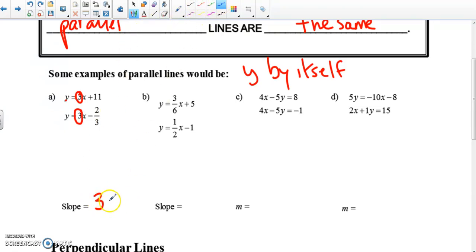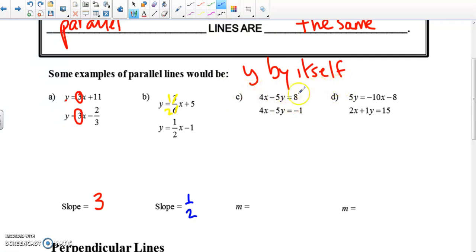Alright, notice it's not 3x. The slope is not 3x, it's just 3. Alright, for example B, sometimes you will have to reduce, so we always want to keep those slopes as fractions to make the reducing easier. But 3 over 6, we know, can reduce to a 1 over 2. Same slope.